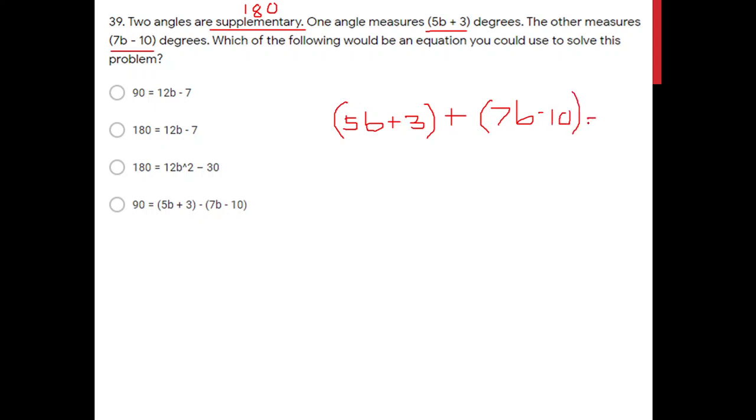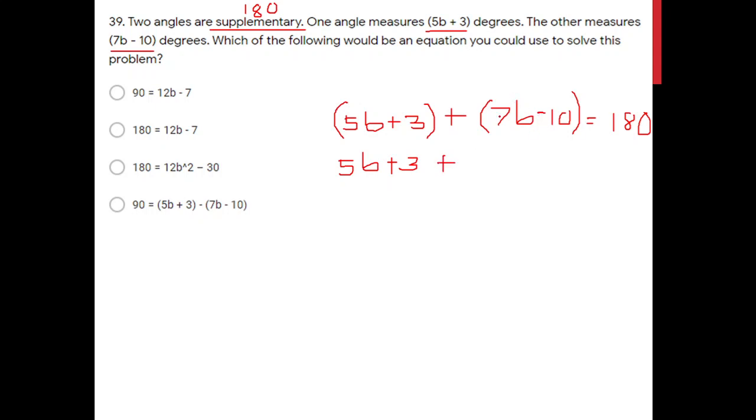And since they are supplementary, they add up to 180 degrees. Now, this is addition, so we can just remove the parentheses here, right? So we can just rewrite this one as 5b plus 3 plus, nothing will happen here.